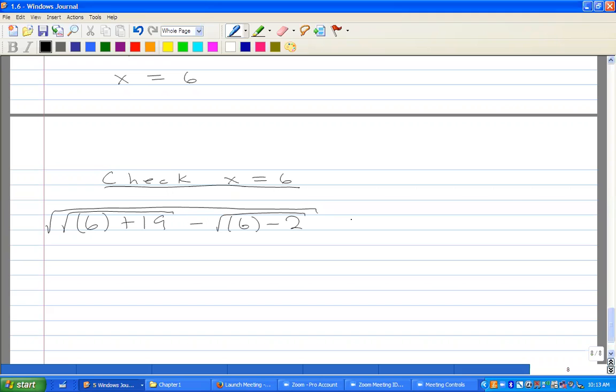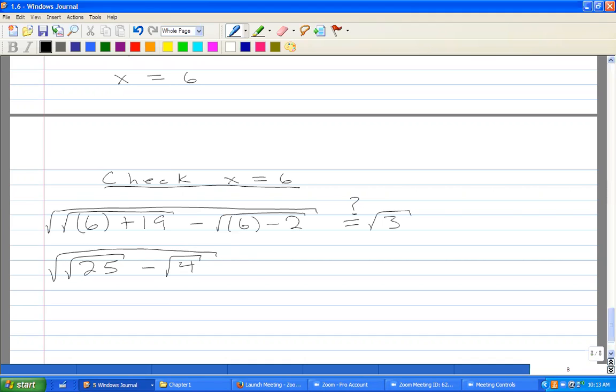Is that equal to the square root of 3? Let's replace x by 6. 6 plus 19 is 25. So I have the square root of 25 minus 6 minus 2 is 4. So that's the square root of 4. And I take the square root of that.